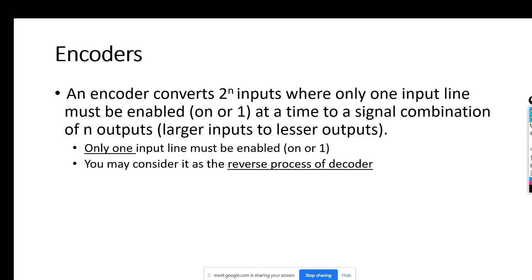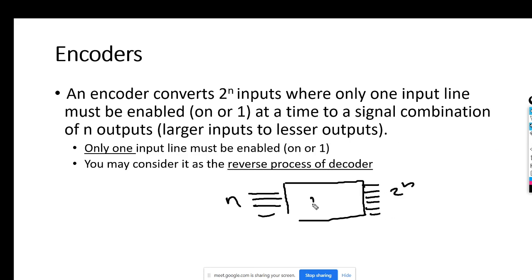So first, let's try to understand what is meant by an encoder. Remember, in a decoder, we had fewer inputs, that is n inputs, and more outputs, 2 to the power n outputs, but only one output is enabled at a time. That means we want to enable one of the outputs; that is a decoder. When it comes to an encoder, it is something like the opposite.